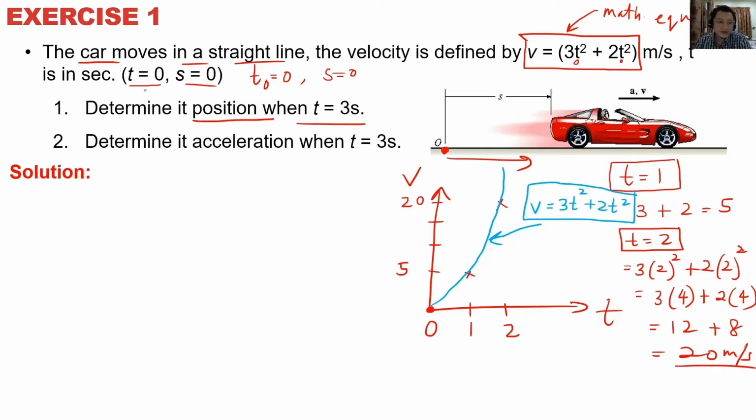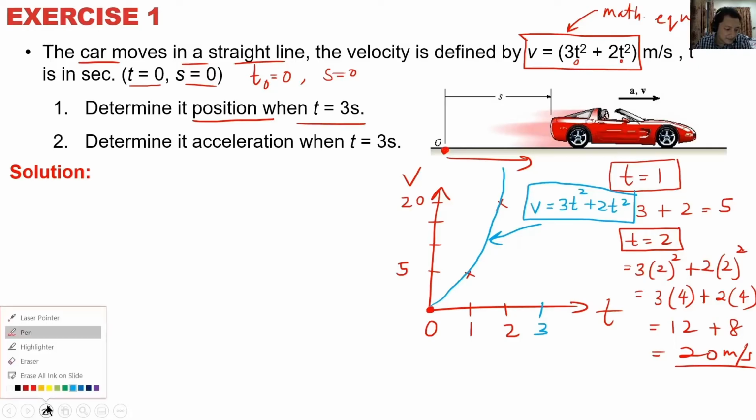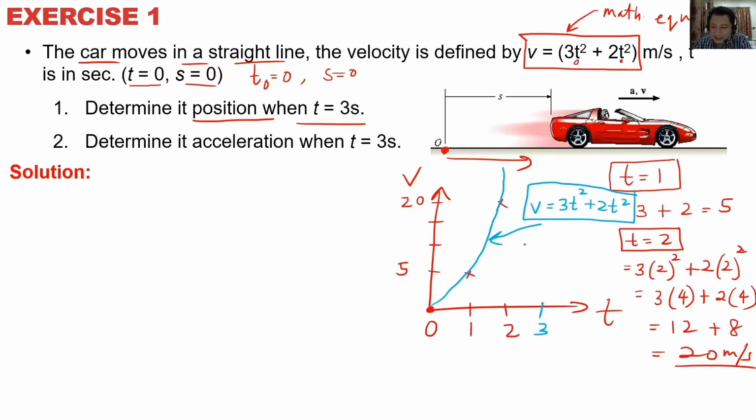So if you were to find the position when t is equal to 3 seconds, you need to do a lot of things and plot the whole thing. So when you are doing this, your resolution is very bad. You're doing it at 1. How about the data that you have when it is at 0.5 or 1.5 or 2.25? You don't have all this data.